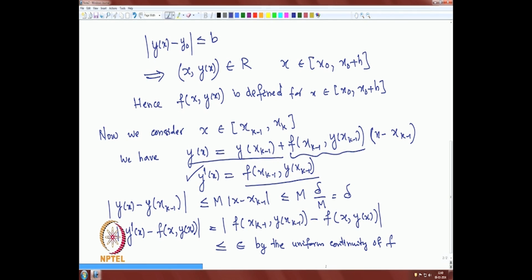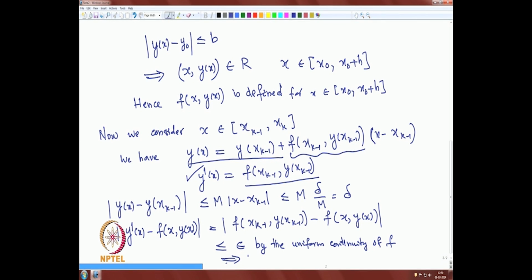So, what does it say? This implies that y now satisfies all the properties of an epsilon approximate solution.